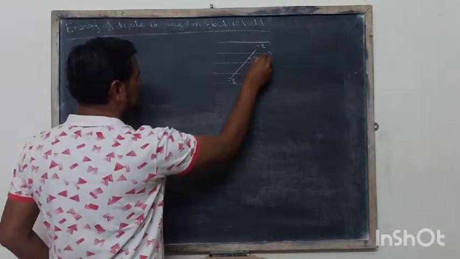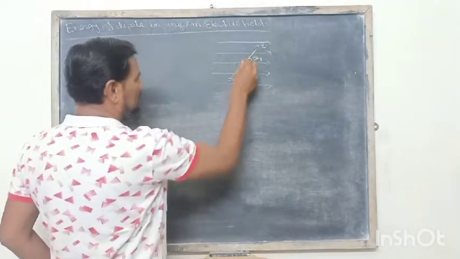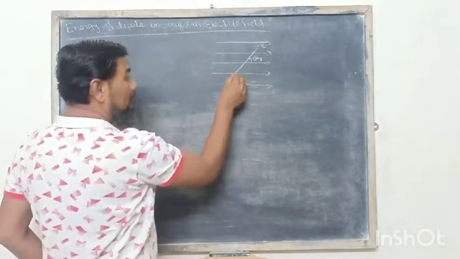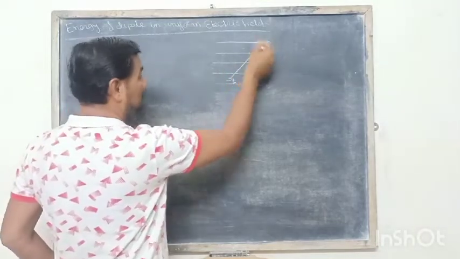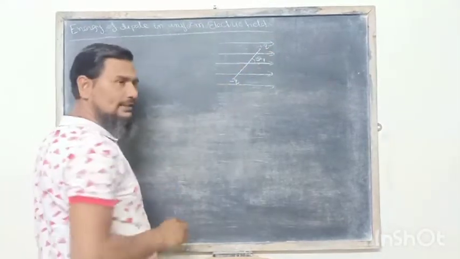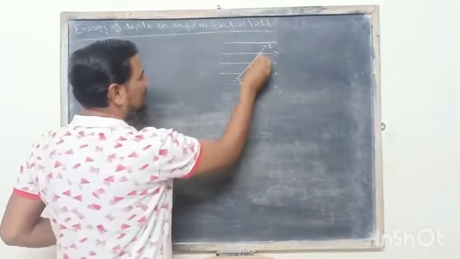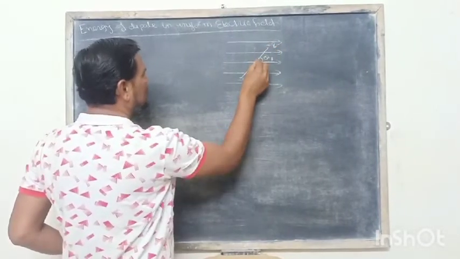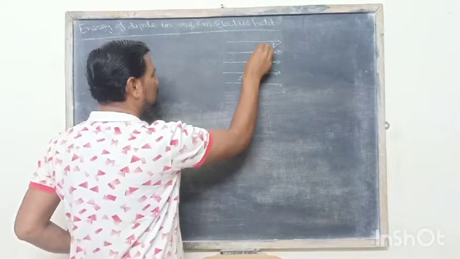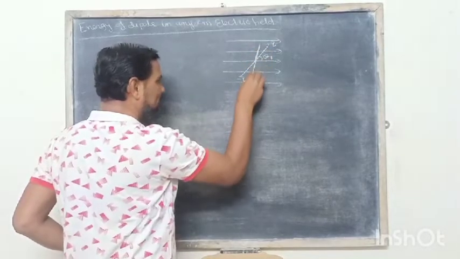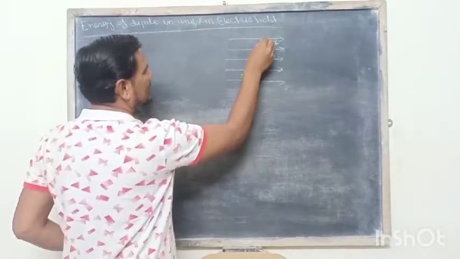This angle is theta 1. Now the dipole is rotated in the electric field. Both charges experience a force, and when this dipole is rotated, we have to do a certain work against the torque.